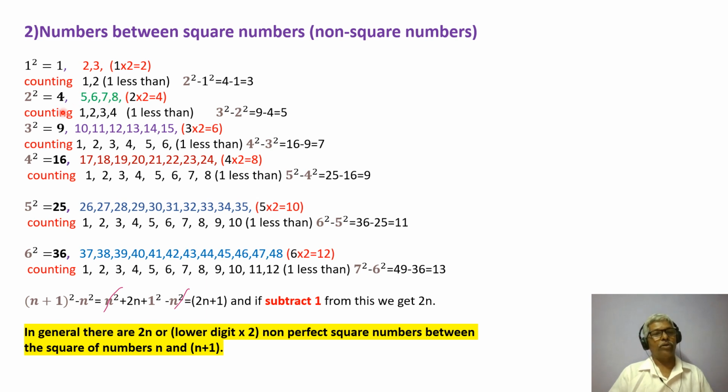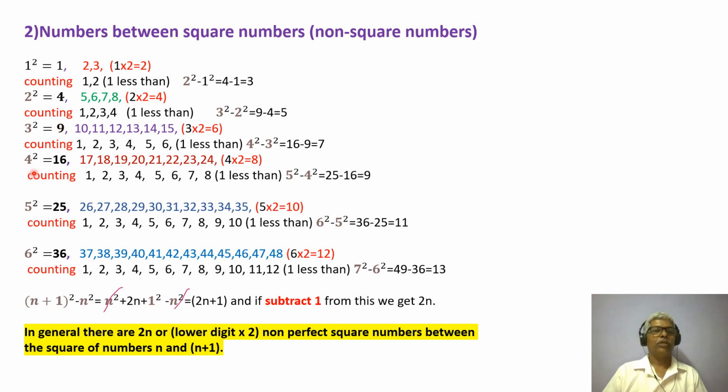Another property of this pattern is 3 square minus 2 square, that is 9 minus 4, equal to 5. If you subtract 1 from this, you get this number. So how many numbers are in between these two? Either 2 into the lowest number, or this square minus this square, minus 1.